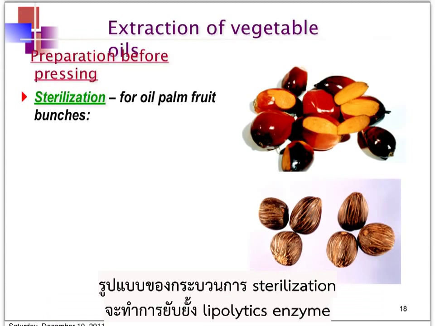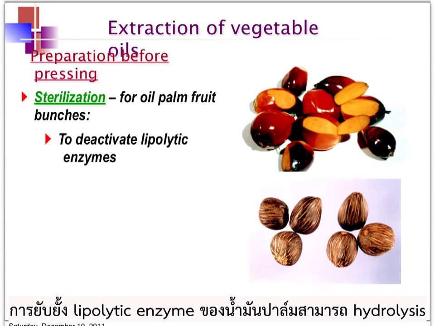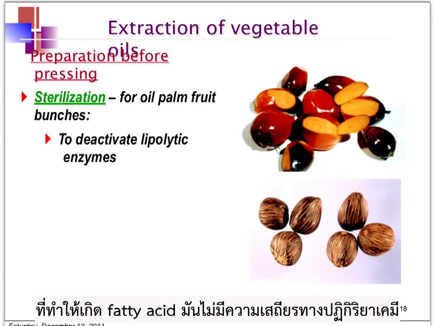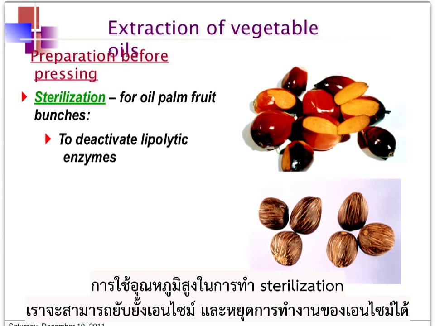The function of the sterilization process is to deactivate the lipolytic enzymes. Lipolytic enzymes such as lipase in the oil palm fruits can cause hydrolysis of the triglycerides, or the fat, to produce free fatty acid, and this is an undesirable chemical reaction that needs to be stopped. By using high temperature in the sterilization process, we can deactivate the enzyme and stop the hydrolysis.